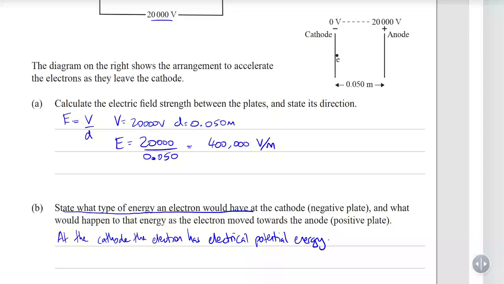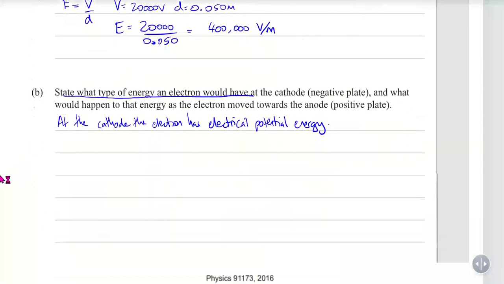And what would happen to that energy as the electron moved toward the anode?